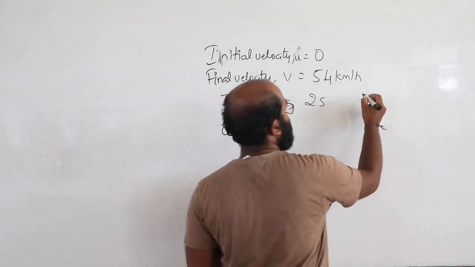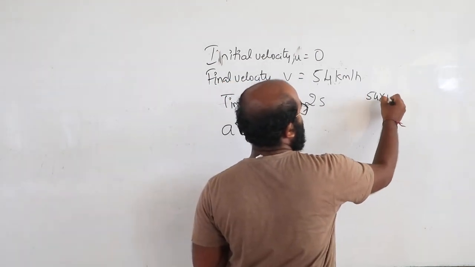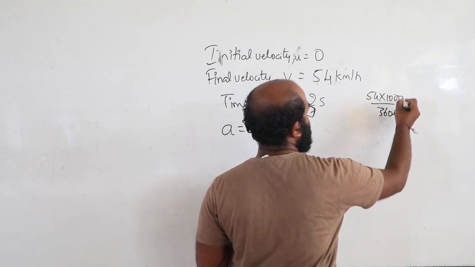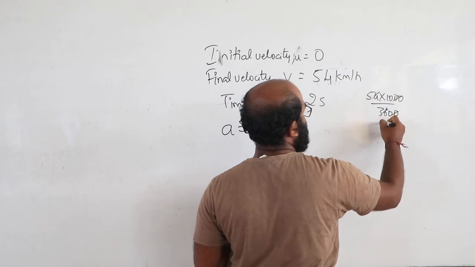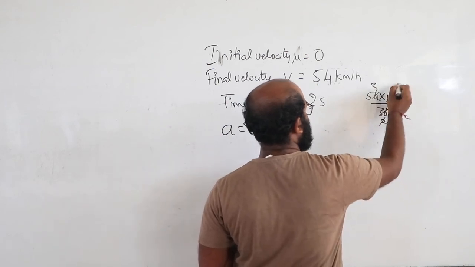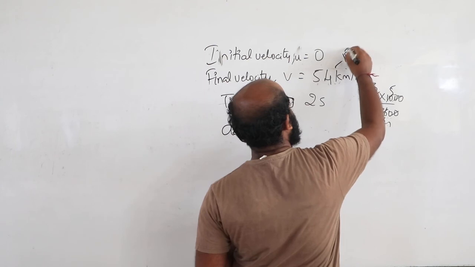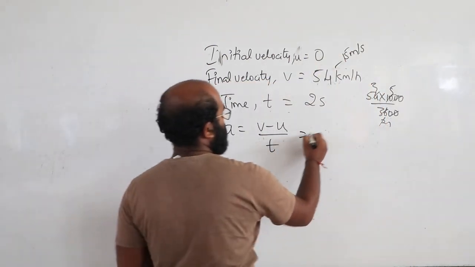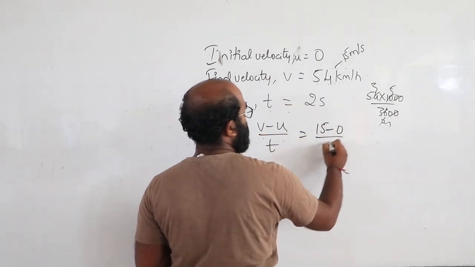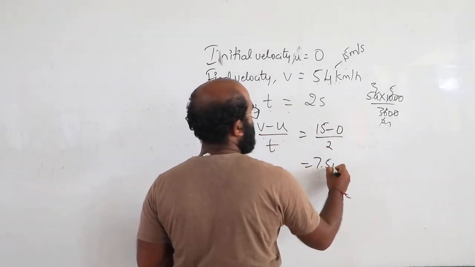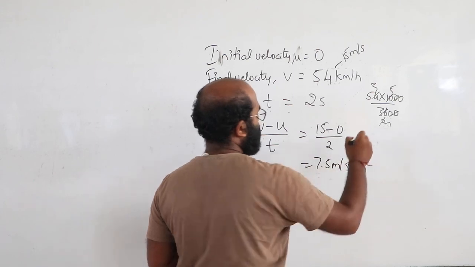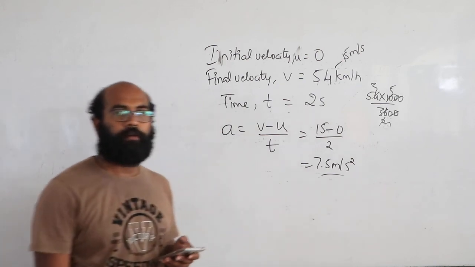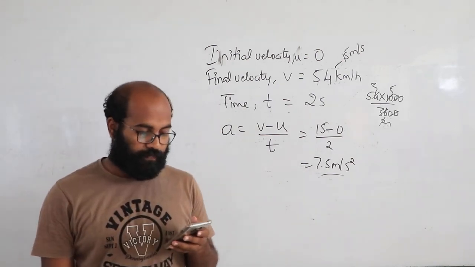So 54 into 1000 by 3600, as in the last problem we did. So that is nothing but 15 meter per second. So 15 minus 0 by 2, that is 7.5 meter per second square. So the acceleration is 7.5 meter per second square.